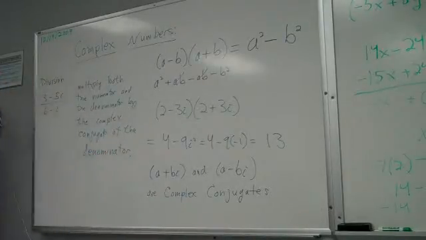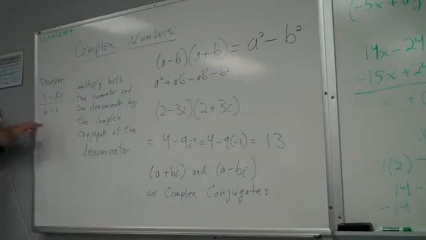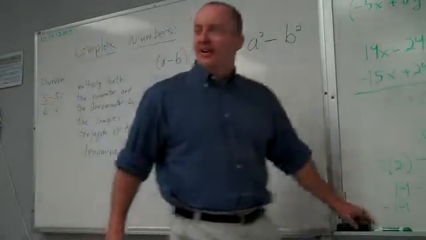That is way too many syllables. Given this division problem, I have to multiply both the numerator and the denominator by the complex conjugate of the denominator. That's the thing on the bottom for those of you playing at home. Can you show us? I will be happy to show you.